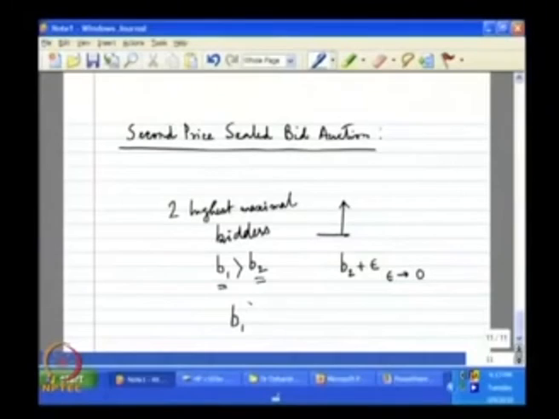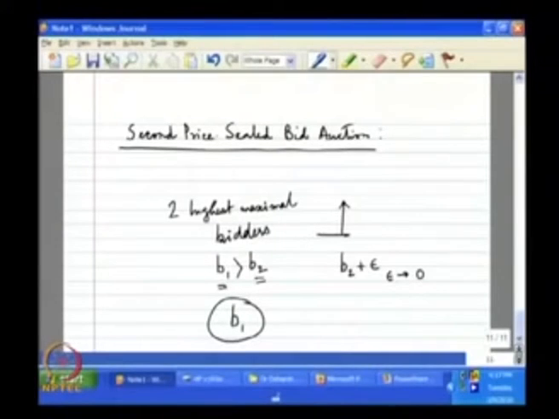Nevertheless, the auctioneer, when he receives all these bids from the players, picks up the bid which is the highest and decides that this player who has submitted the highest bid will get the object, but he will not pay the price that he has bid, he will pay the highest of the bids of the other players, and that is why it is called a second price auction, not the first price, but the second price.